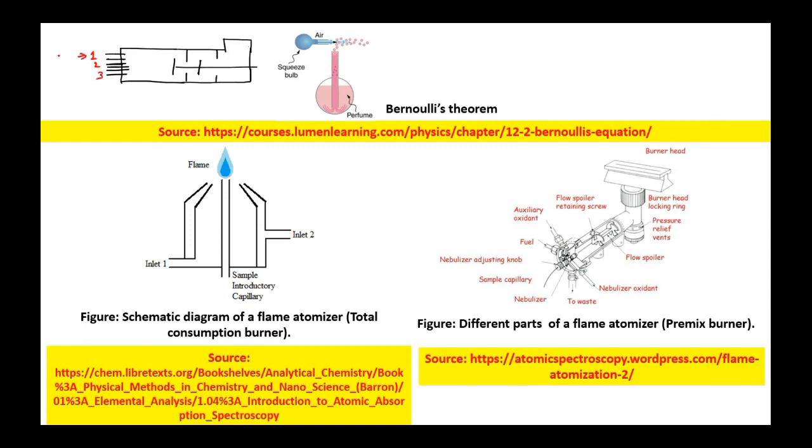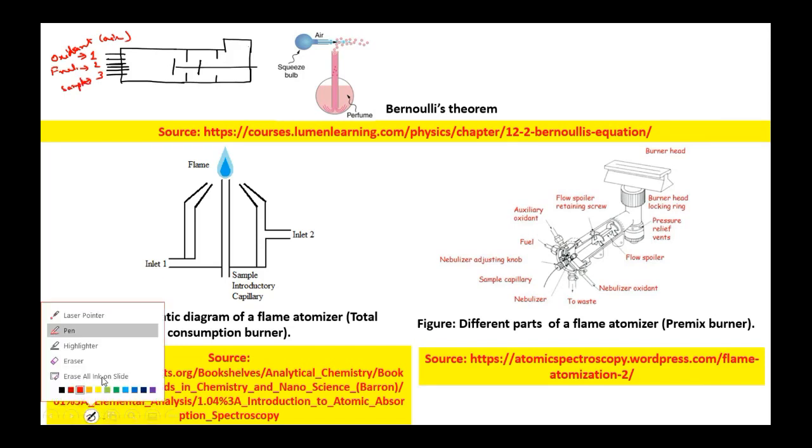One is for the oxidant, like air or nitrous oxide, right? Second is for fuel, third is for sample. Yeah, there is another output over here which is called drain.